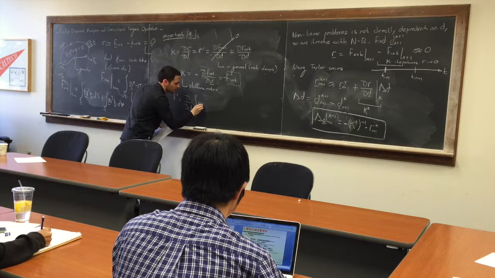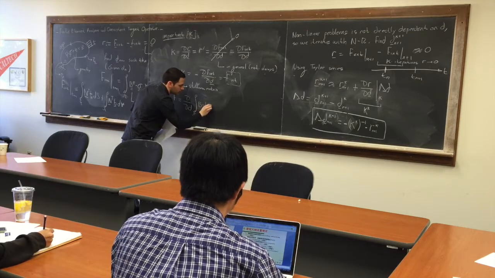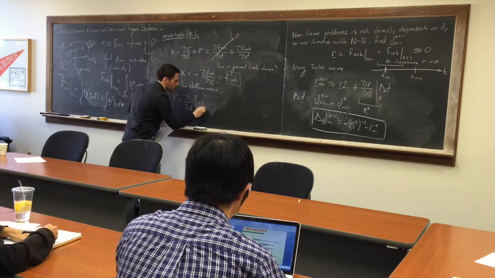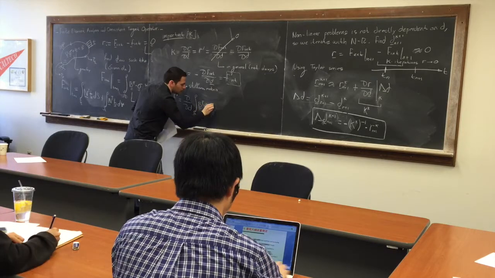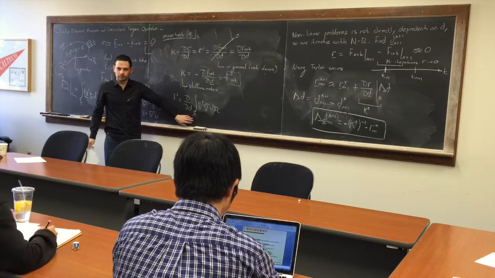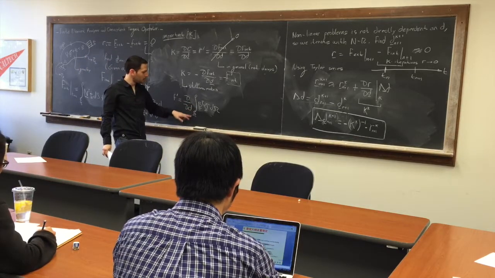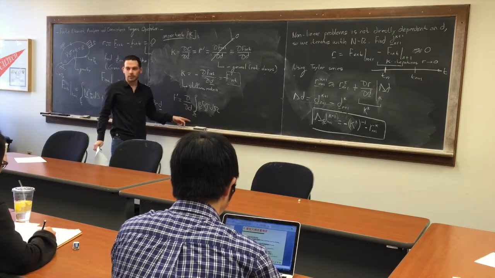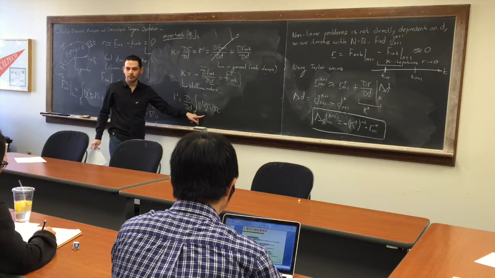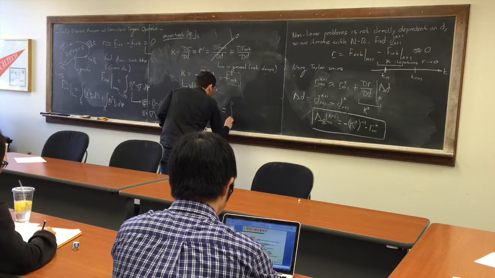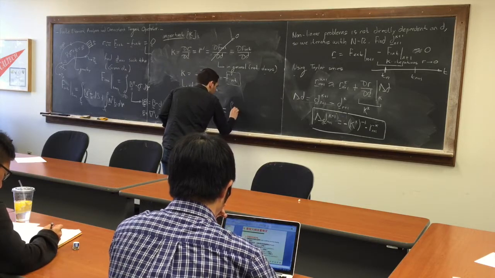This matrix B transpose sigma d omega. If the domain doesn't depend on the displacements, what can we do? The contour of integration. We can take this derivative inside the integral, right?